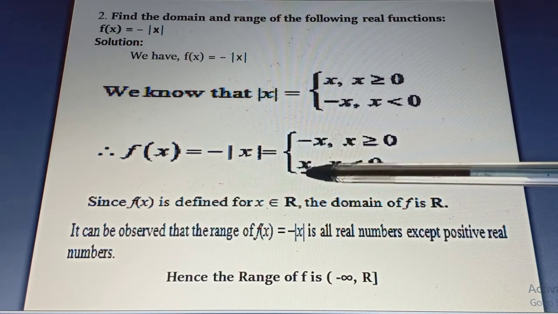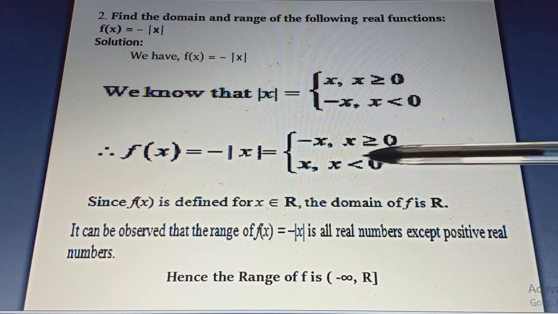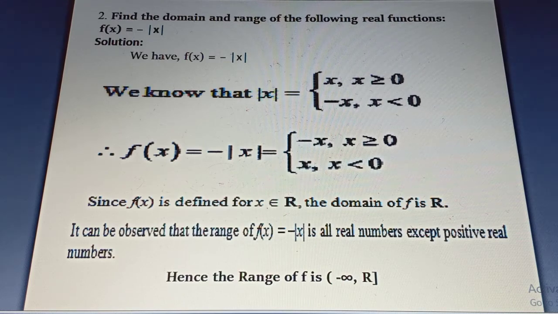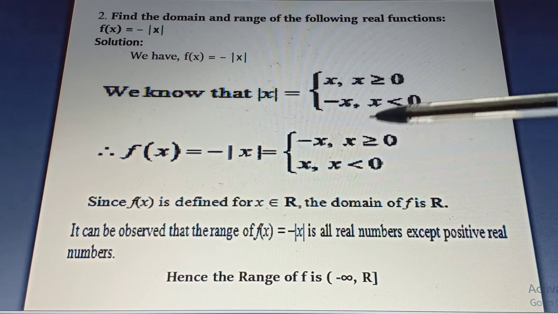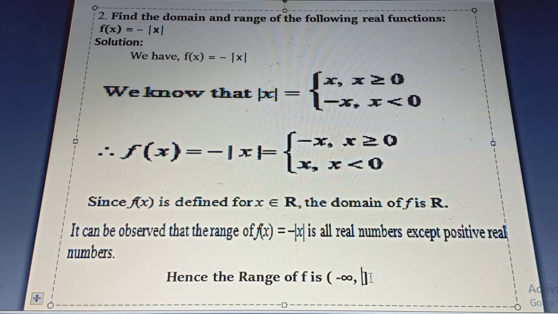And when x is negative, it also gives a negative value. So the range of f is always negative up to 0, because 0 is also included. So the range of f is minus infinity to 0.